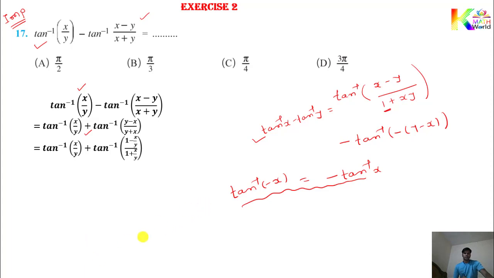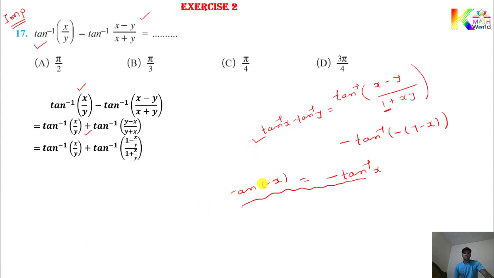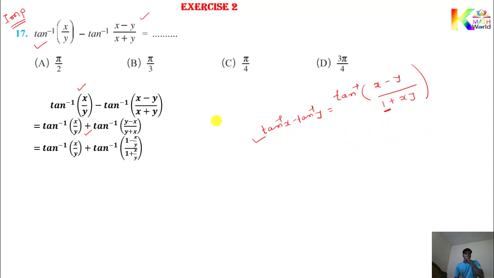Okay. So then here you can see 1 plus this value into this one is required.